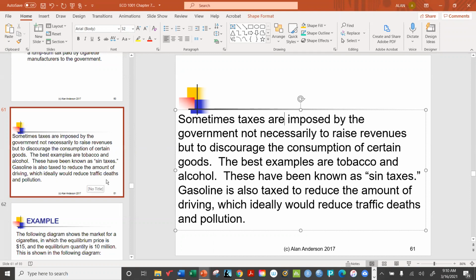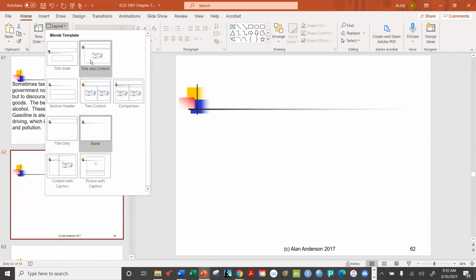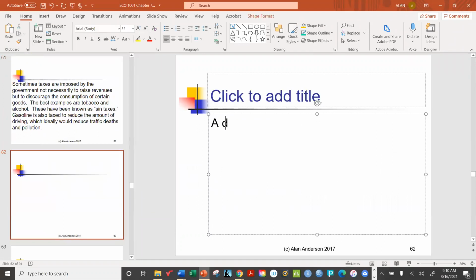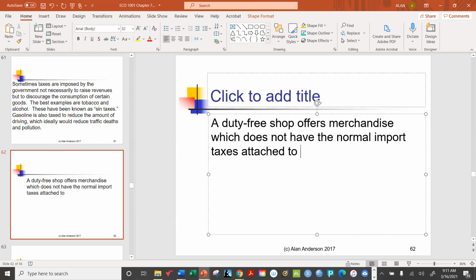So anyway, if you're not sure how big these taxes are, if you've ever traveled abroad, at an airport you can go into what's called a duty-free shop, which offers merchandise which does not have the normal taxes attached to it. Import taxes, these are. And again, the biggest items there would be tobacco and alcohol.